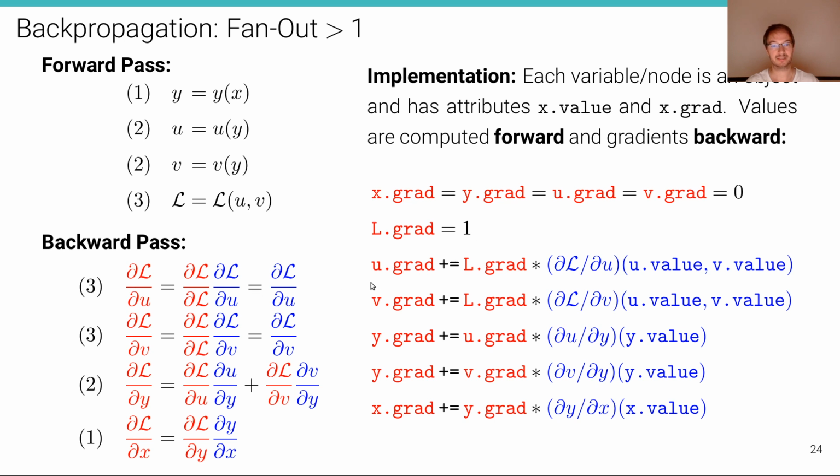And now we can calculate U grad. This is this equation here: L grad, which is 1, times the local gradient of L with respect to U, evaluated at the values of U and V that have been computed in the forward pass.